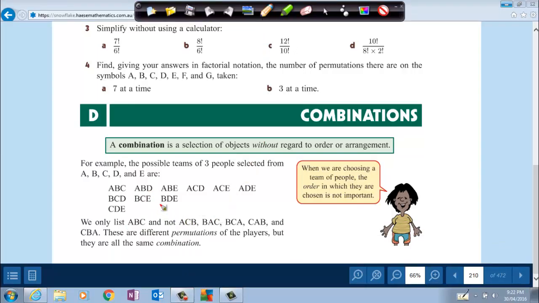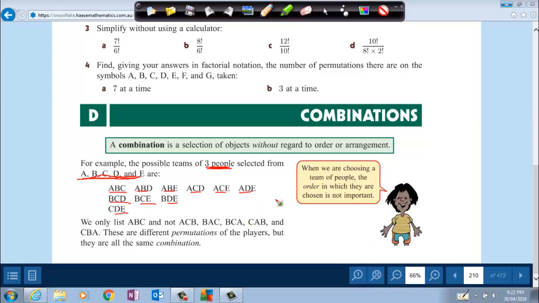So looking at selecting 3 people from 5 possible people to be in a team, there are 10 different combinations. There's 1, 2, 3, 4, 5, 6, 7, 8, 9, 10.